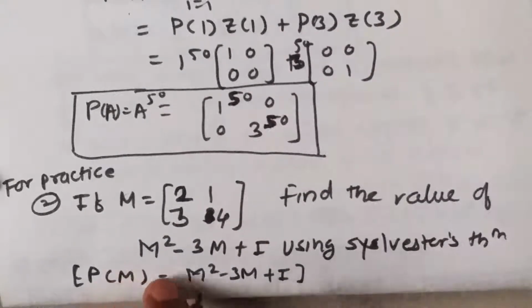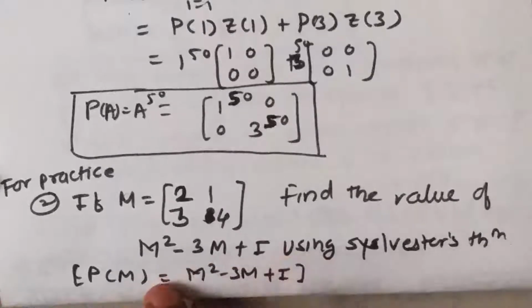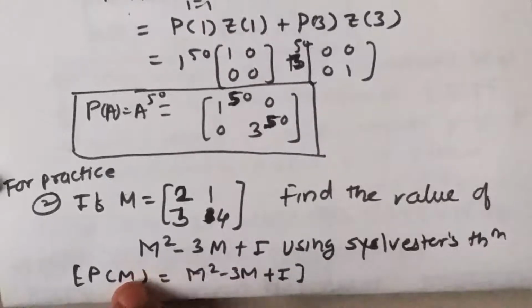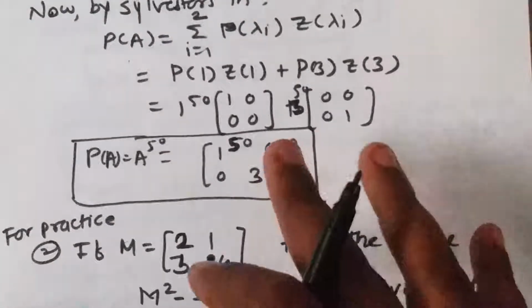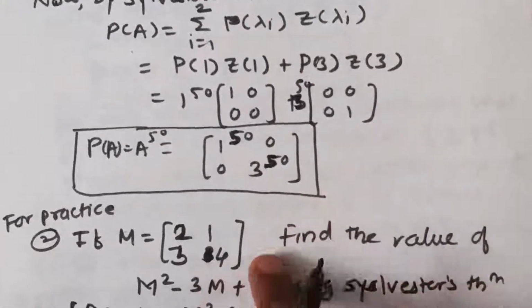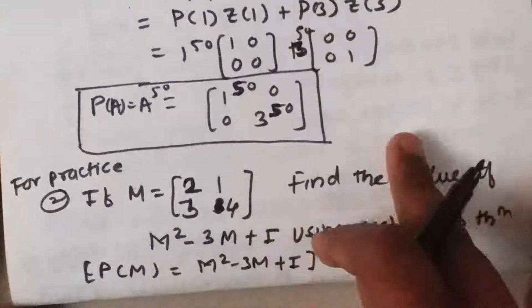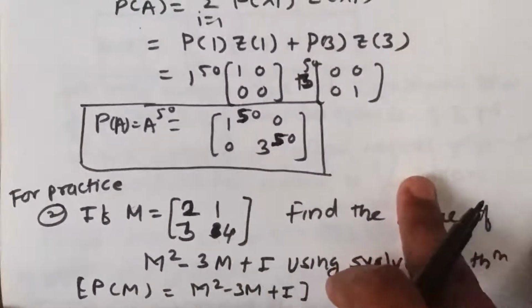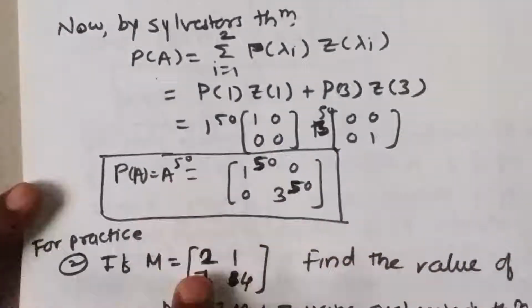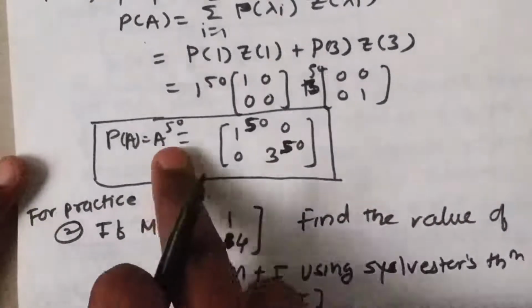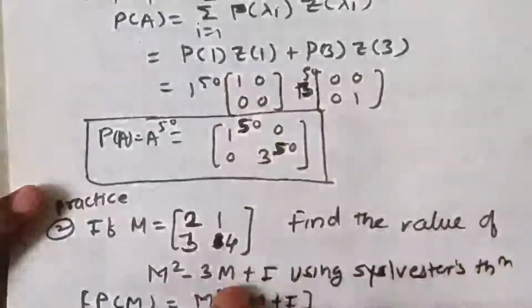Okay, so P of M is what? M square minus 3M plus I. So starting from P of M equal to this, again repeat all the calculations of Sylvester theorem, and try to get the value of M square minus 3M plus I using Sylvester theorem. Fine. So here instead of A raised to 50, you are having M square minus 3M plus I. On the right hand side, it is a 2 by 2 matrix.